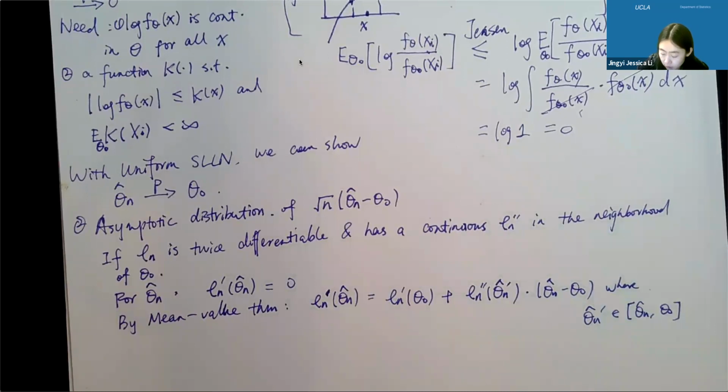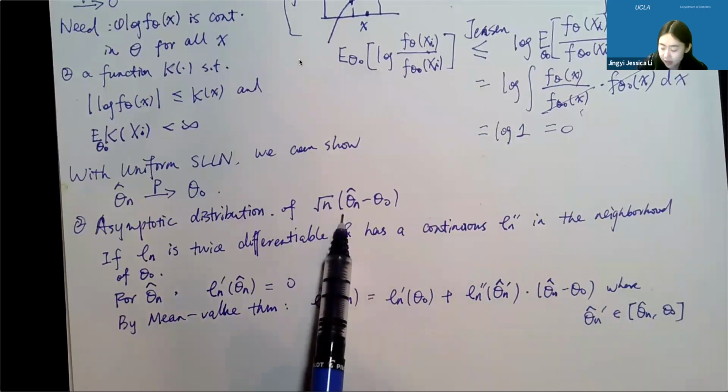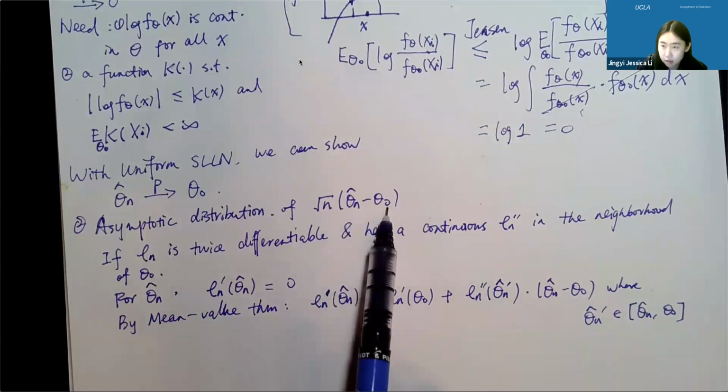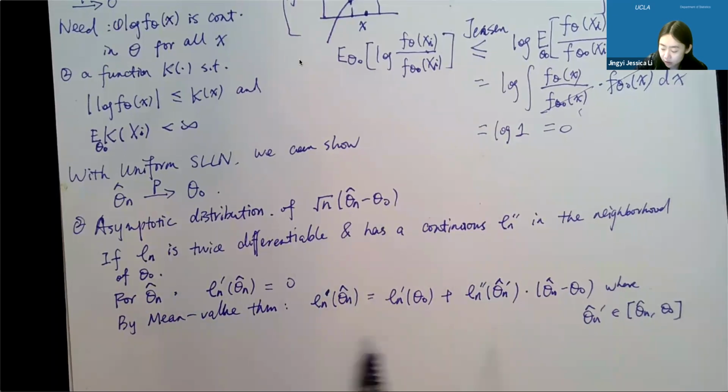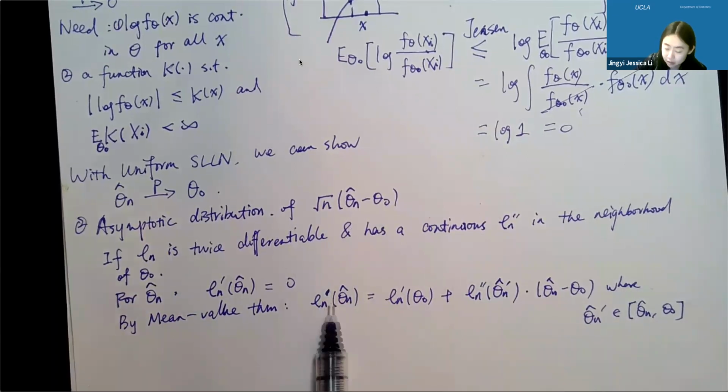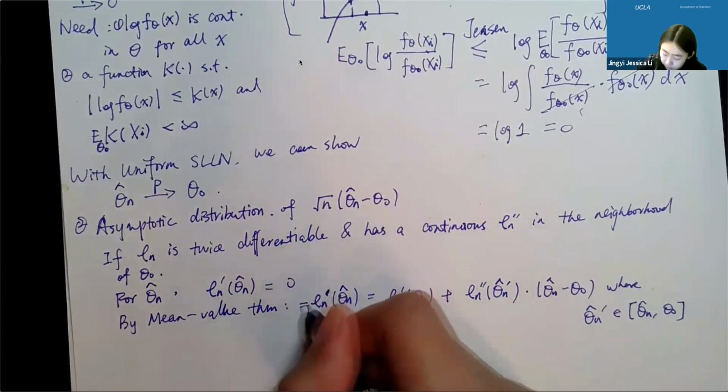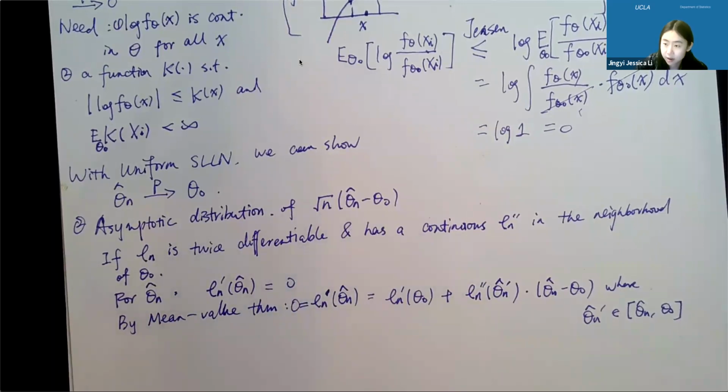So with this, what I want to do is create this form, theta n hat minus theta 0, and I have it here. And what I also have is that the left-hand side is equal to 0, which gives me some convenience.